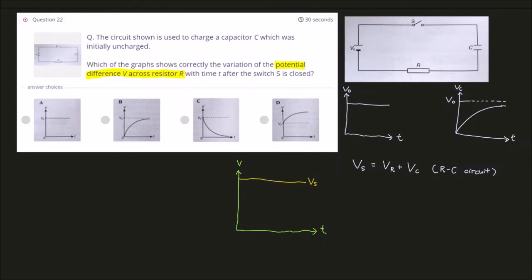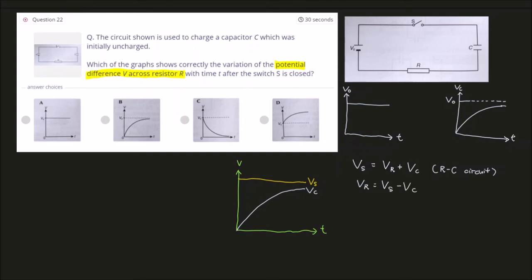If you know that the capacitor is increasing in terms of voltage, this is Vc, then you know that Vs minus Vc will be equal to Vr. This can be obtained by shuffling the equation a bit: Vr equals Vs minus Vc.